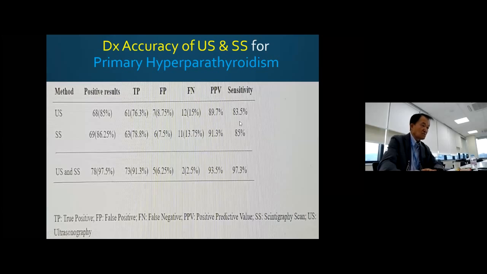It is an old slide, but nothing is perfect. High resolution ultrasound usually shows 80-85% sensitivity. So the sestamibi scan is a little bit better, and putting them together is much higher.